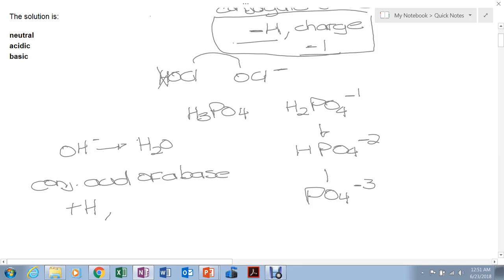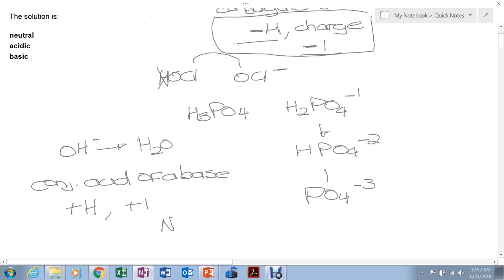And if you want to remember this and not forget, think about the opposite. Minus 1 hydrogen, okay? The charge decreases 1 unit and 1 hydrogen less. With the conjugate acid, the hydrogen increases 1, hydrogen more, and the charge increases by 1. See, so minus 1 plus 1, no charge.